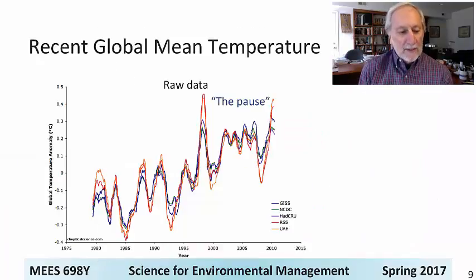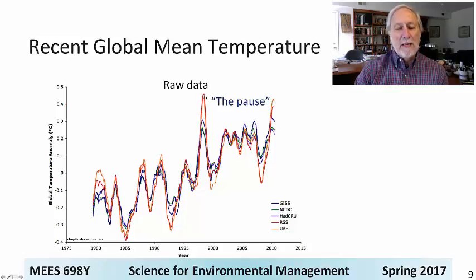So this is a recent record of the temperature data since the late 1970s. These are five different sources of estimation of global mean temperature. And you can see it's a noisy planet. It's a noisy world with high variation over years and decades in global mean temperature.